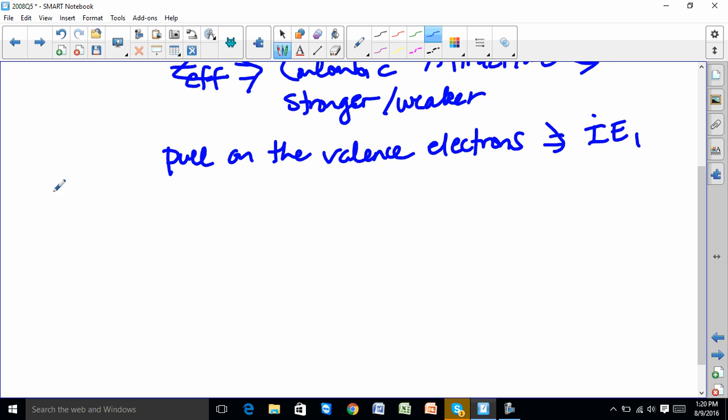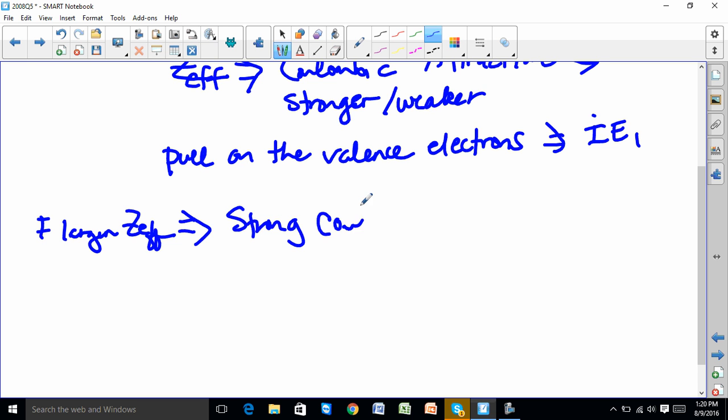And again, what we're going to do is: fluorine has a larger Zeff than oxygen. That means it has stronger Coulombic attraction.